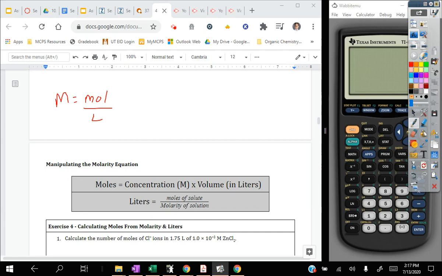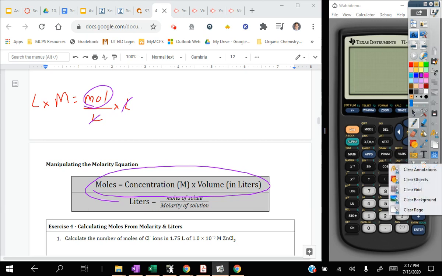If I want to get moles by itself, I can multiply both sides of my equation by liters. By doing that, I have canceled out liters on the right side of my equation, and I'm left with moles is equal to the concentration or molarity times the volume in liters. That would give you this equation here.